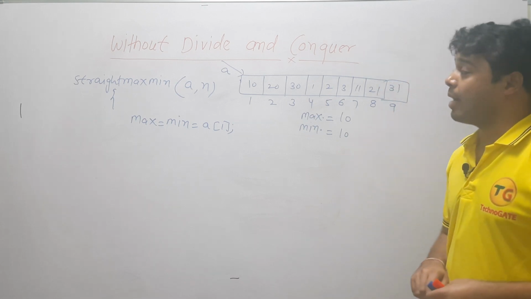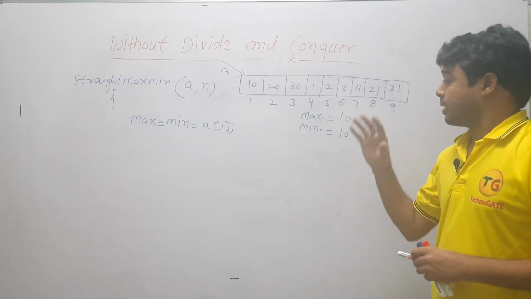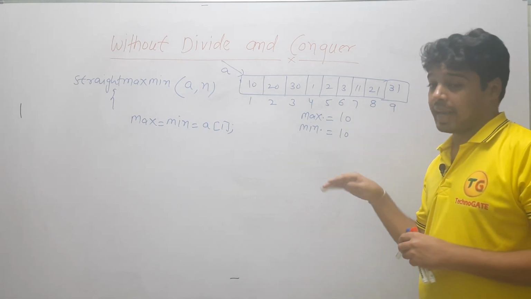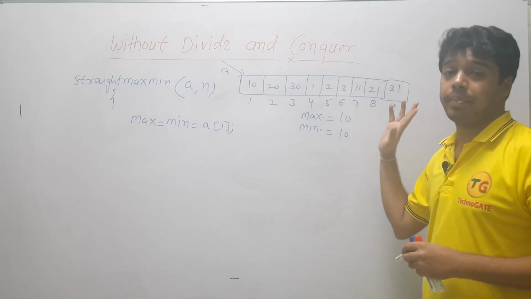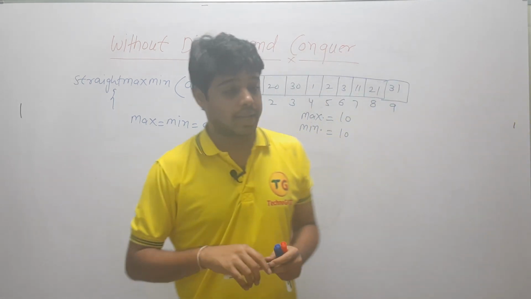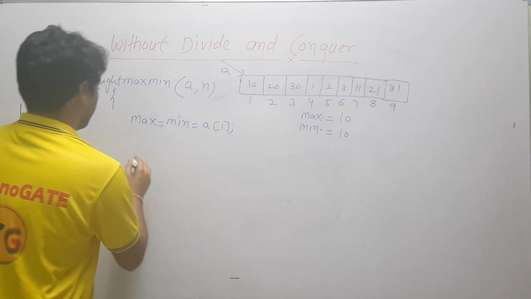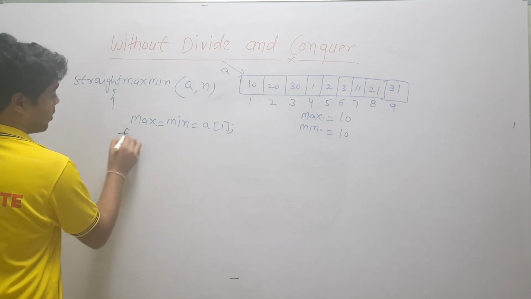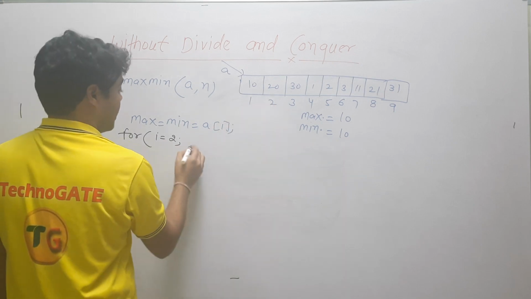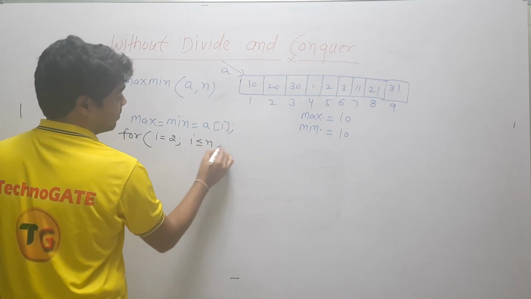Now compare this max and min with the other elements and take the update. Either the maximum will be updated or the minimum will be updated. So let's check here: for i equals 2, starting with 2, i less than or equal to n, i plus plus.